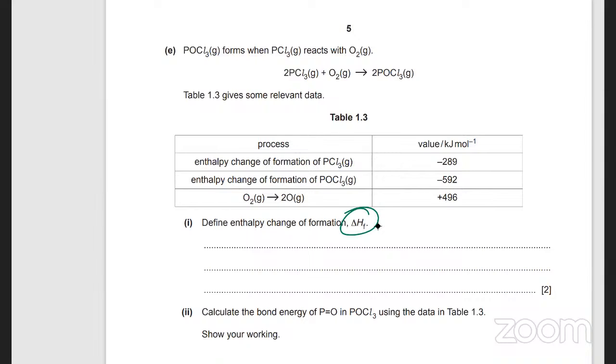अच्छा आगे चले जाओ, this one is delta HF, what's the definition of delta HF? Enthalpy of formation. Okay, so when a compound is formed, wait, 1 mole of compound is formed, or is it 1 mole of water? The 1 mole of compound is formed from its elements, ठीक, elements. Yes, from its elements under standard conditions.